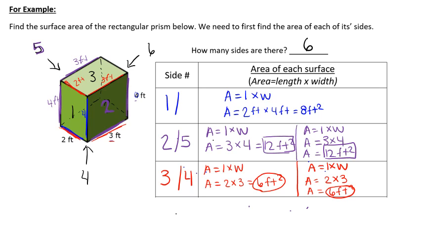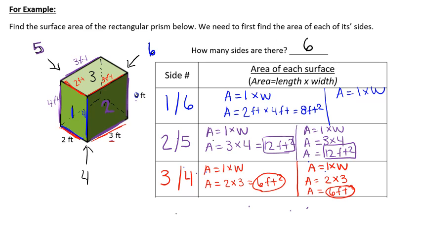Let's see. 1 and 6. 1's here, 6 is here. So for side 6, area again equals length times width. You should be writing these in your boxes below. So 1, 2, 3, 4, 5, 6. I made them share boxes, but I want you to list them in all the spaces provided.